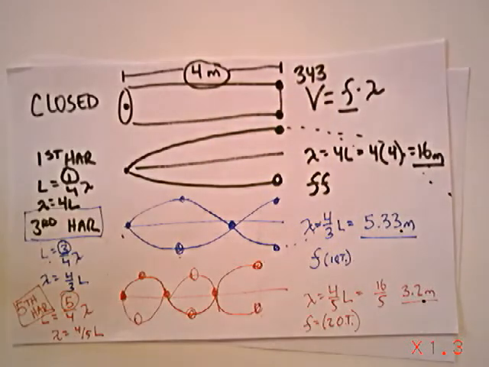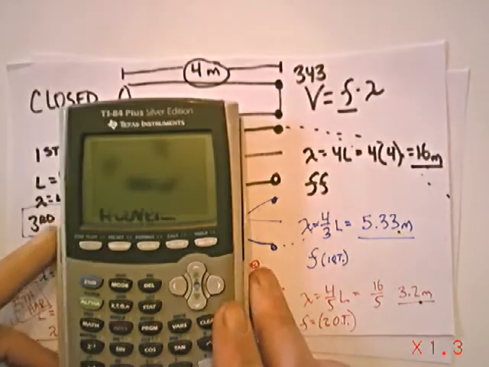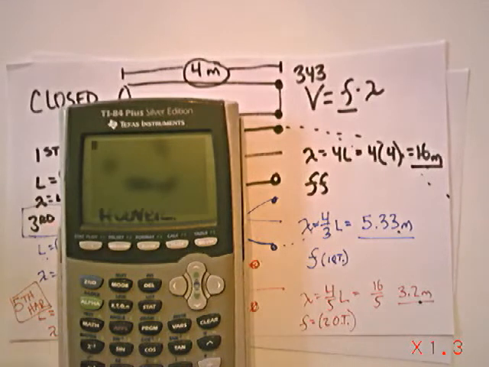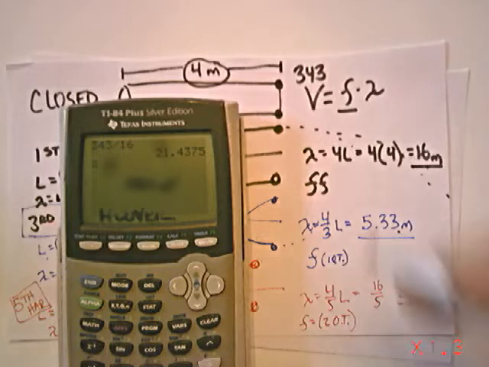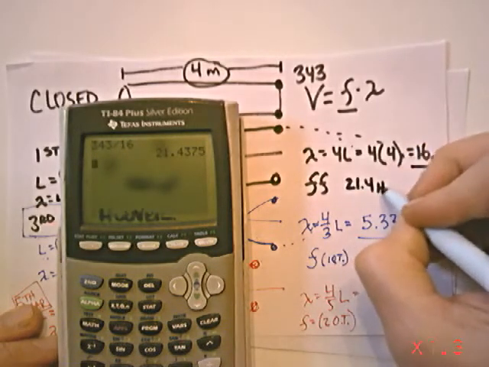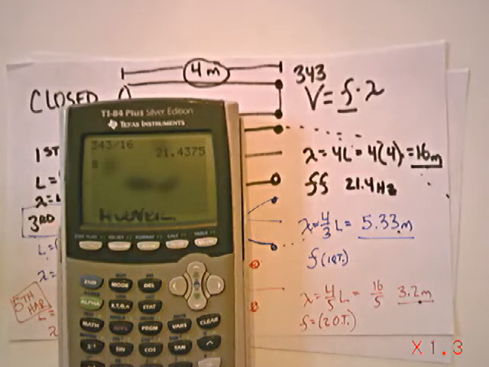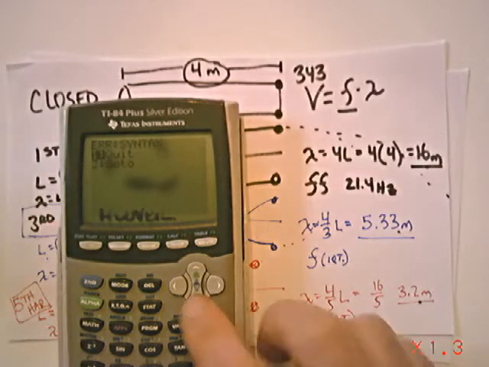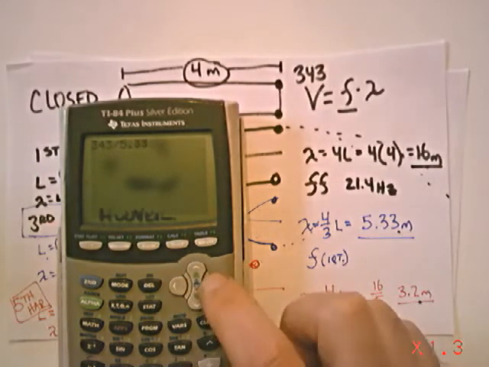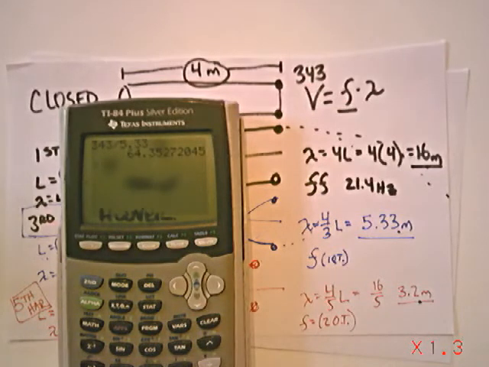So it's going to take a little bit of calculator work to get this figured out. So we want to take 343 and divide it by our wavelengths. So I get 21.4 for the fundamental, 21.4 hertz. For the first overtone, or third harmonic, I divide by 5 1/3. And I end up with 64.4.